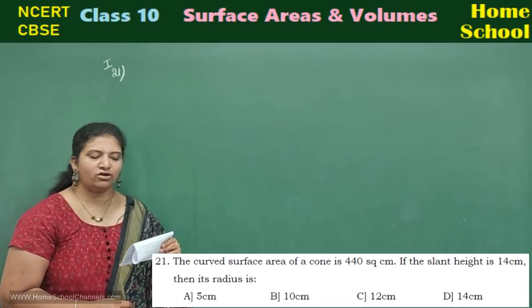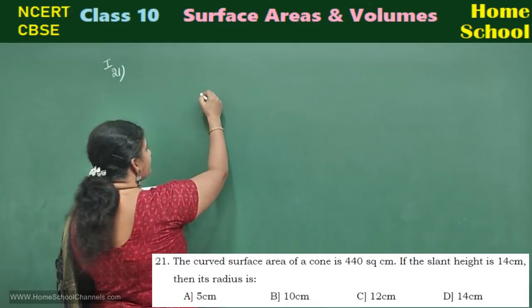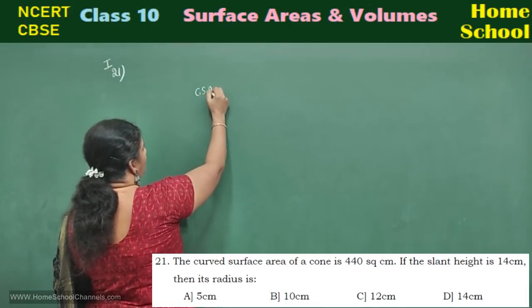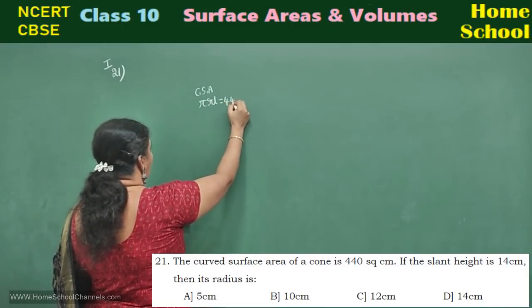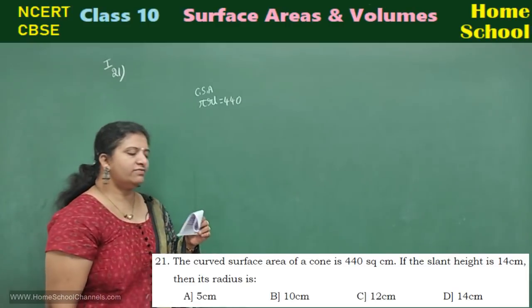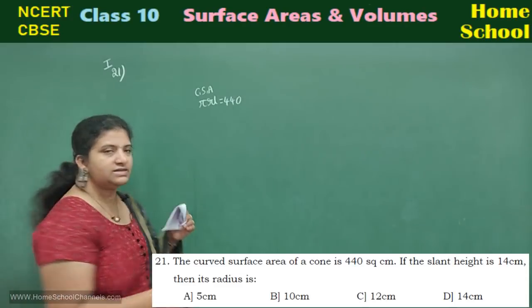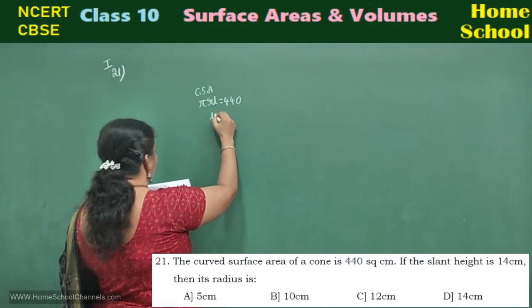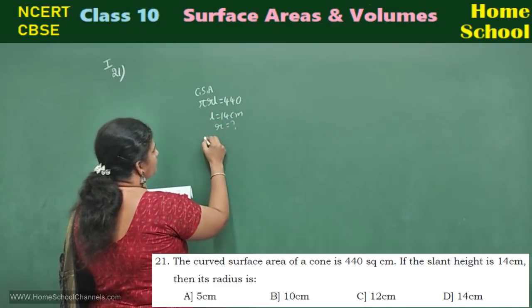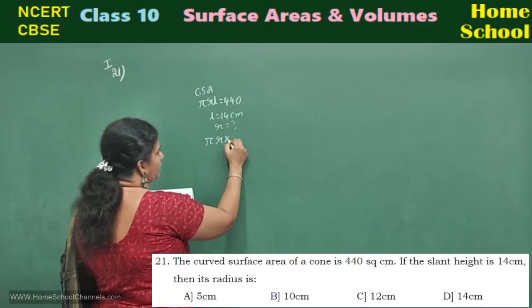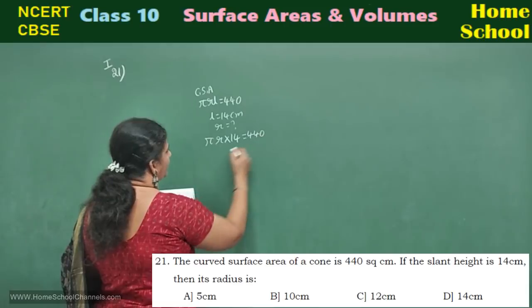Okay. Let's see the 21st one. The curved surface area of a cone is 440 square centimeter. What is the CSA of a cone formula? Pi r L, that is equal to 440 square centimeter, given. The slant height is represented by the letter L. Slant height is given as 14 centimeter. Find R. So look here, pi r into L value 14 is equal to 440.